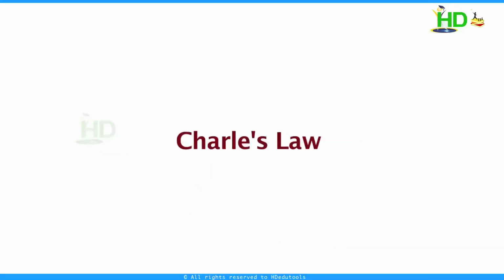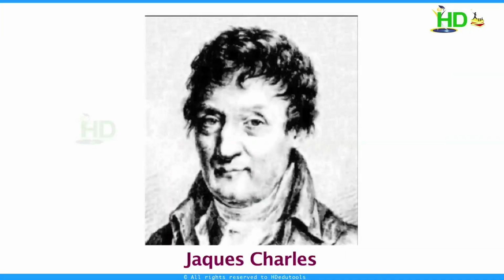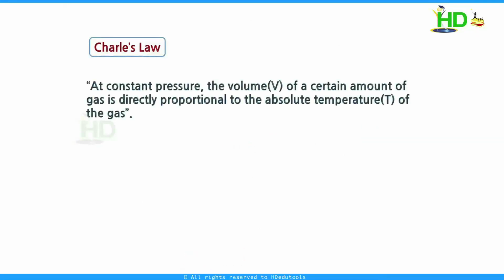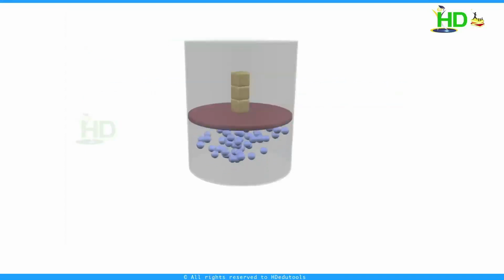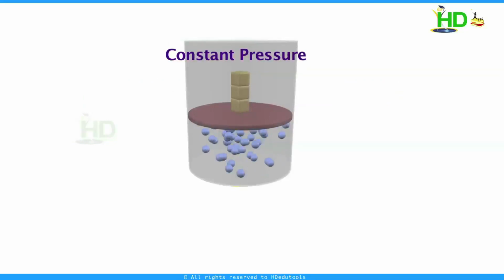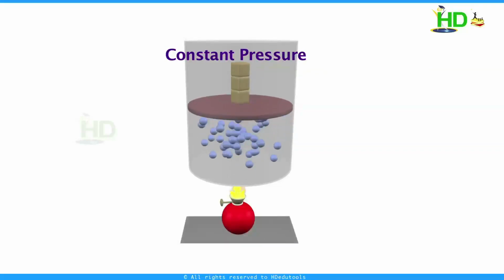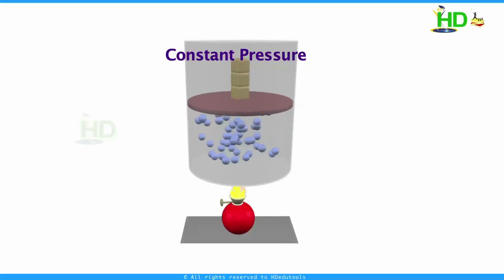And another law is Charles' law. This law is given by scientist Charles, and it states that at constant pressure, the volume of a certain amount of gas is directly proportional to absolute temperature of the gas. Now you see this experiment. Here I am applying constant pressure. This piston is kept constant with constant force. If you heat it, that means if you raise the temperature of this gas, then what happens?